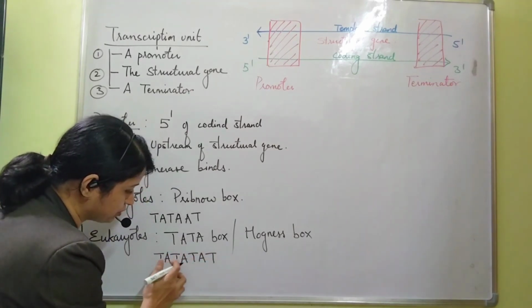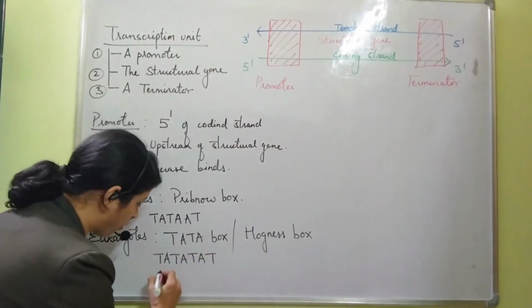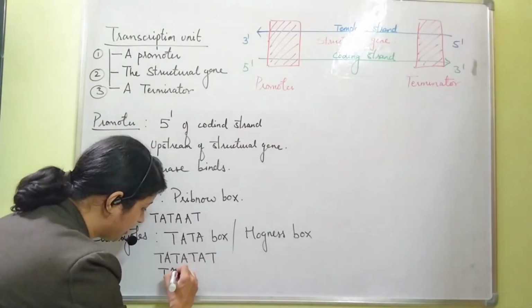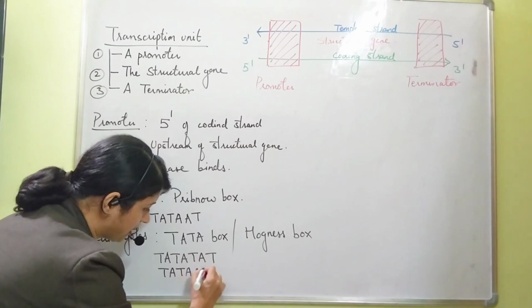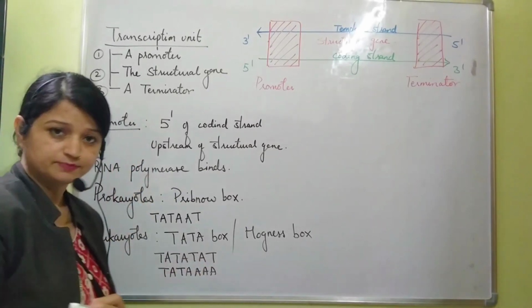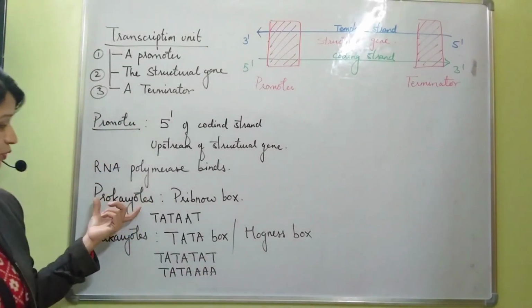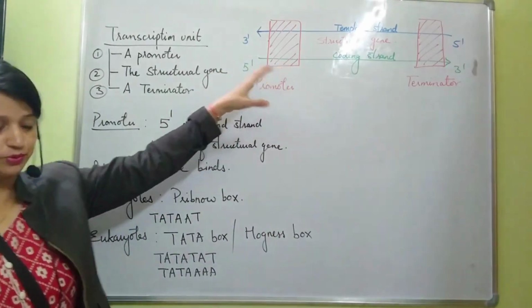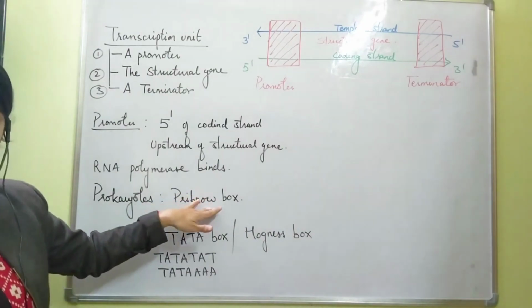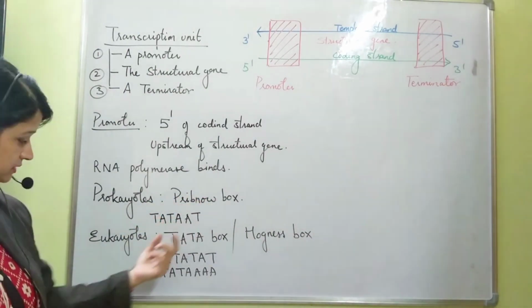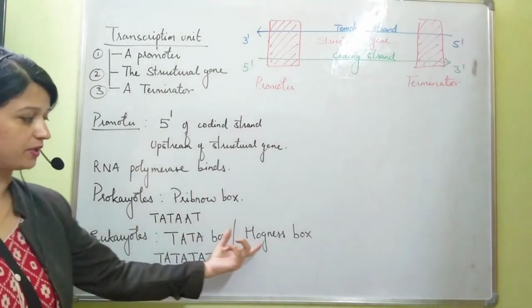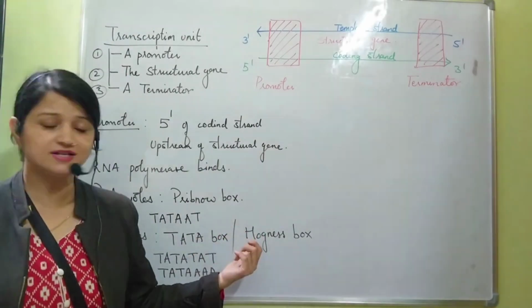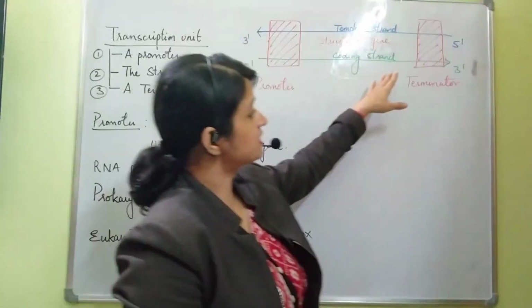Here you can see 1, 2, 3, 4, 5, 6, 7. Clear? So here we can see that in prokaryotes there is a specific AT-rich region present in the promoter, which is known as the Pribnow box, having 6 base pairs, and in eukaryotes it is known as the TATA box or Hogness box. Next is the terminator.